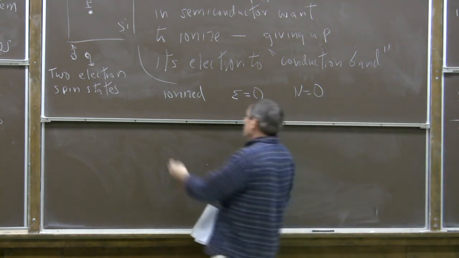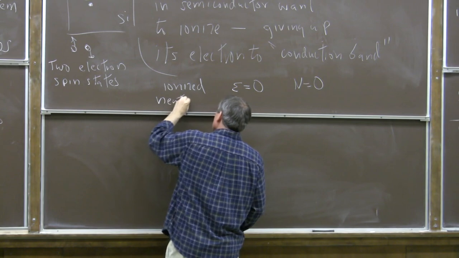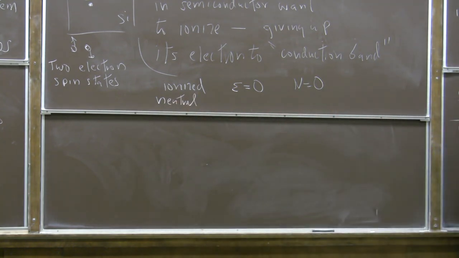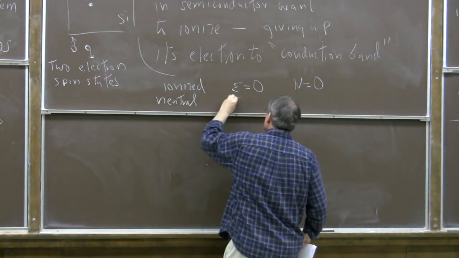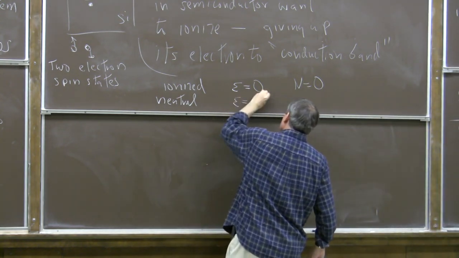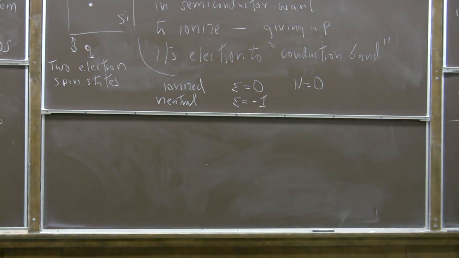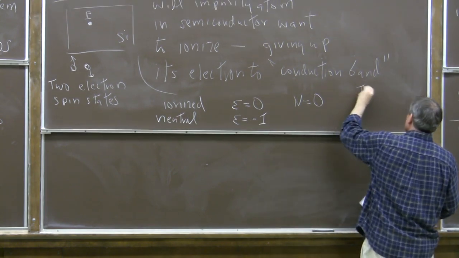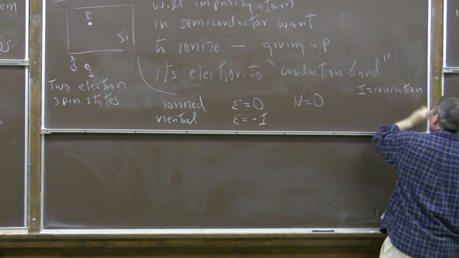But then it can be in what I'll call the neutral state. That means it's holding on to its electron. It's not ionized. And the energy then is lower because there's some ionization potential. I'll call that minus I. So I is the ionization energy, how much energy you need to give the electron to pry it loose from the impurity atom.